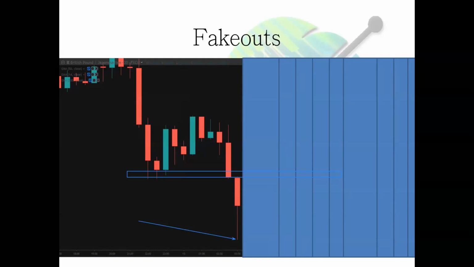It will create a resistance or a support respectively, and then it will retest that low or the high. There's a very, very high chance it will always retest the low and the high. So we're going to wait for price to create a resistance so that it can come down to retest this low. So the next candle goes up and closes back in the range, right? It closes back in the range.